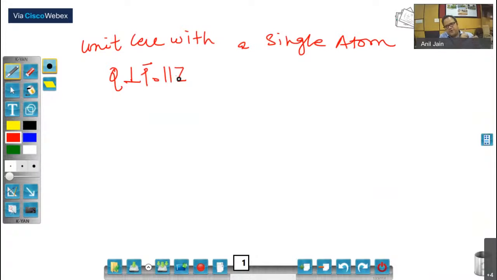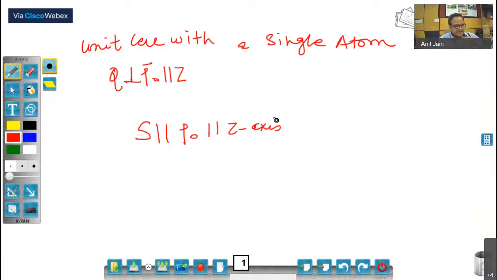So your initial neutron polarization is along the vertical z direction, and you are working in the horizontal scattering plane. Also, let me assume that S is parallel to P naught, which is parallel to the Z axis.